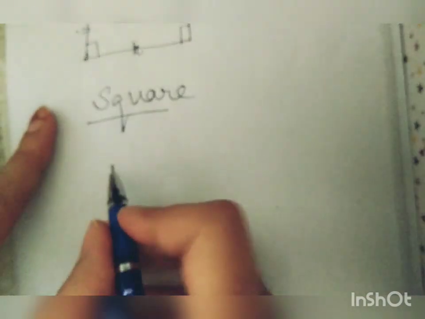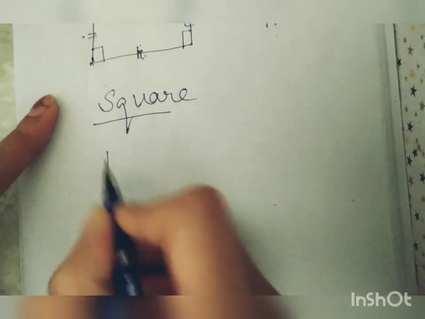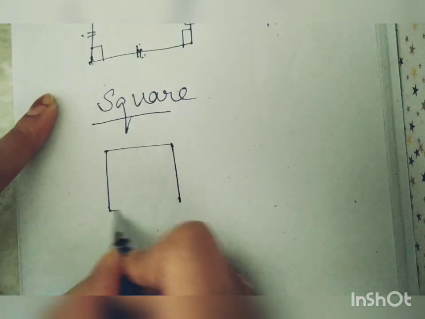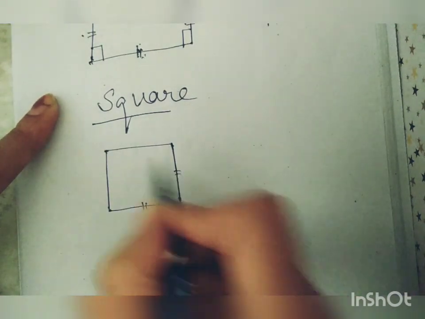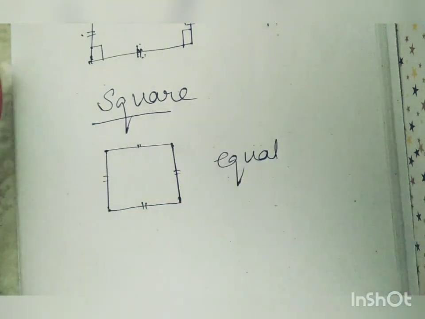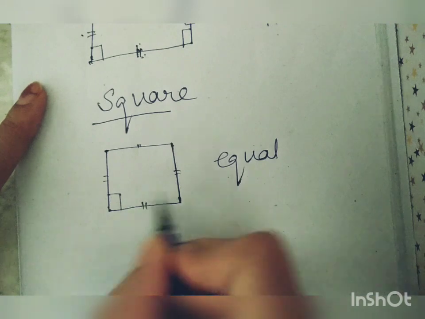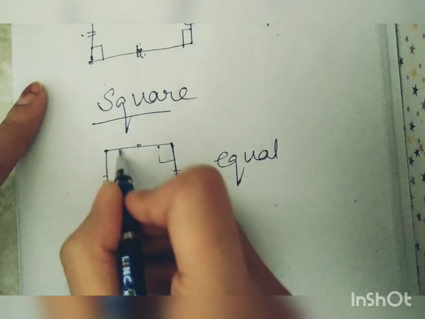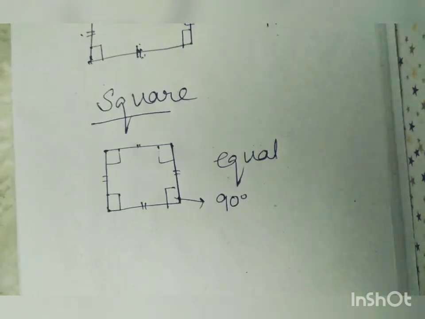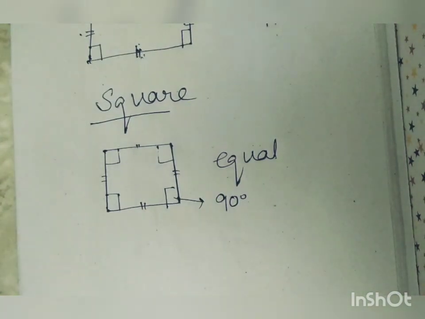Now a square is a quadrilateral, meaning a four-sided polygon, having all four of its sides equal, and of course all the angles are 90 degrees. Means a square is a quadrilateral whose all sides are equal in length and all angles are equal.